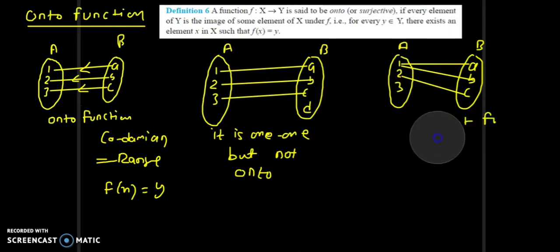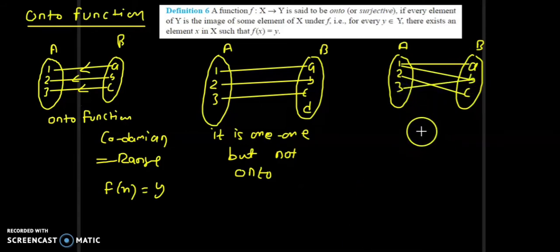So better to join this also, and say B is related to 3 also. Yes, it is an onto function.